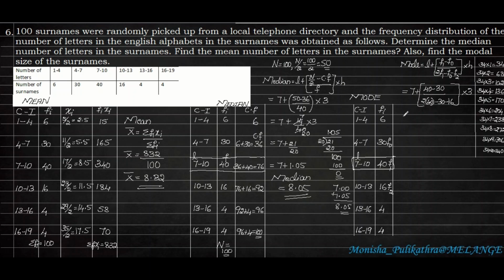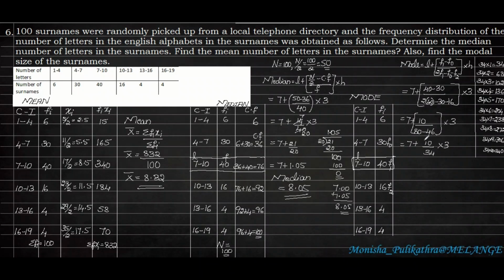Okay, so next 7 plus 40 minus 30 is 10, whole divided by 2 into 40 is 80, minus, minus into minus is plus, so 30 plus 16 is 46, into 3. So 7 plus 10 divided by 80 minus 46 is 34, into 3.